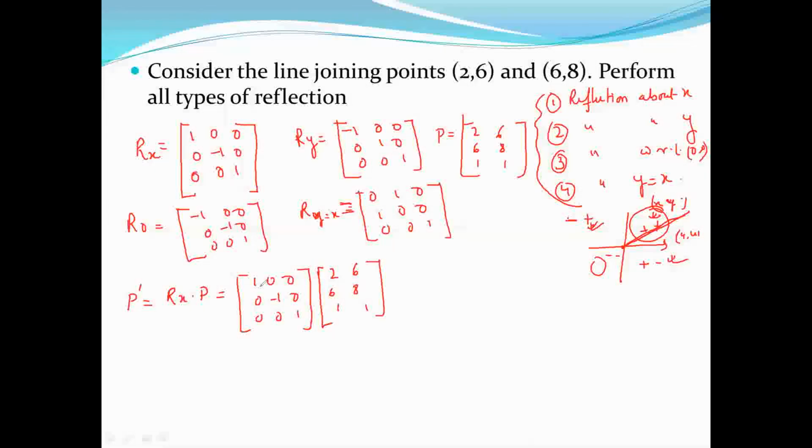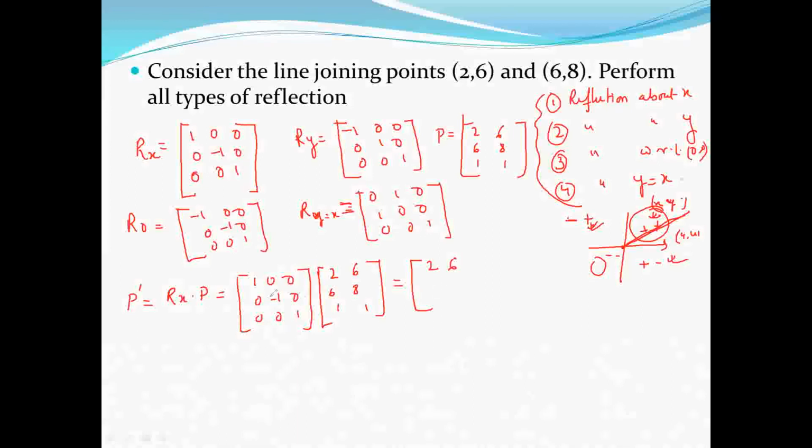If you multiply them, you will get 1 into 2, 0 into 6 and 0 into 1, so ultimately your result will be 2. Now this will be multiplied with the second column, so it will be 1 into 6 and 0 into 8, so it will remain 6.